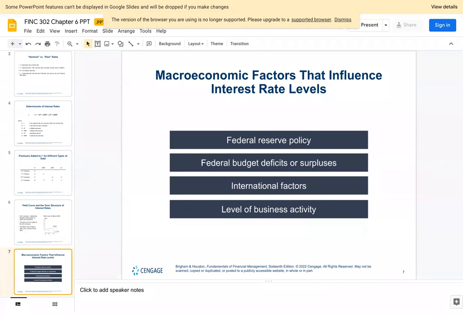Our economy became very, very weak. So the Federal Reserve instituted what was called quantitative easing, where they continually bought Treasury securities to put money in the hands of the public and keep interest rates very low.